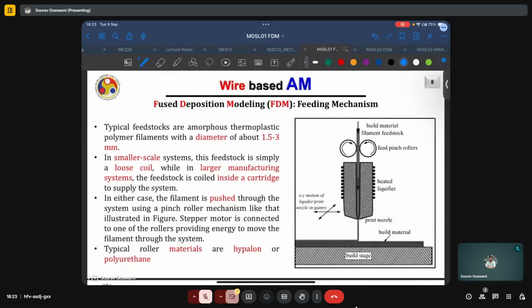The typical feedstock for an FDM process are amorphous thermoplastic polymer filaments with diameters ranging between 1.5 to 3 mm.